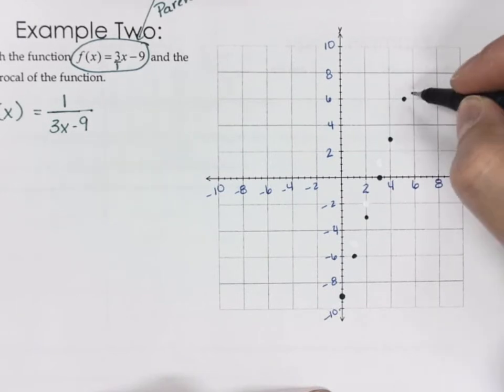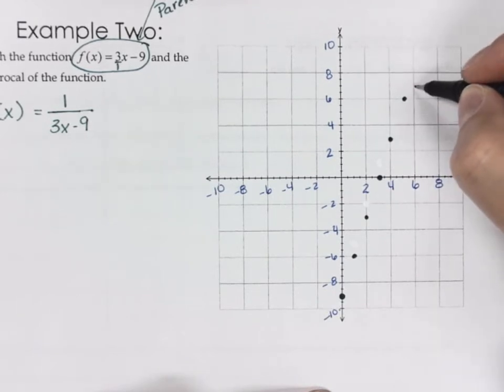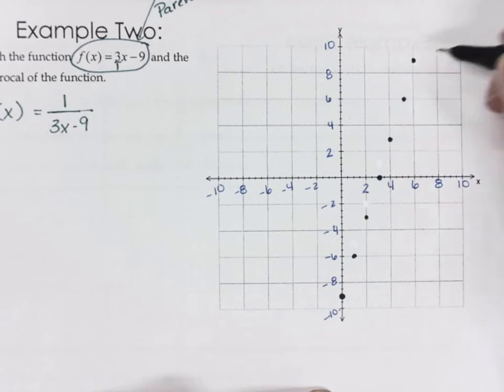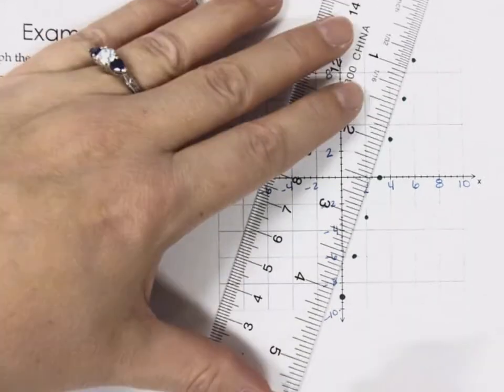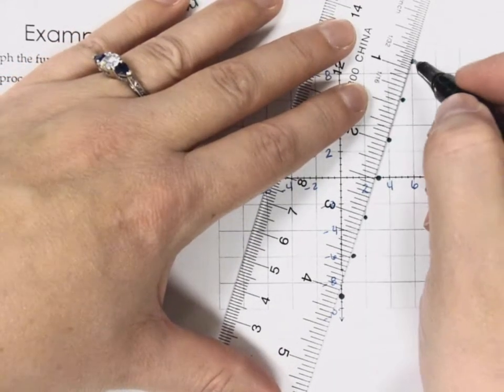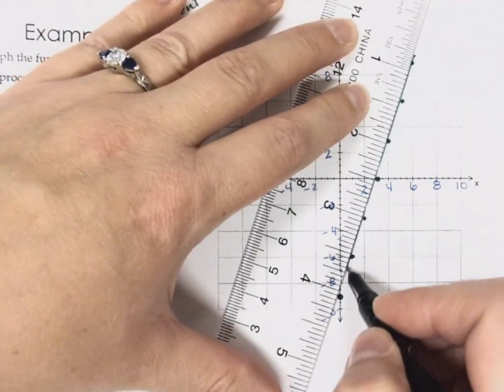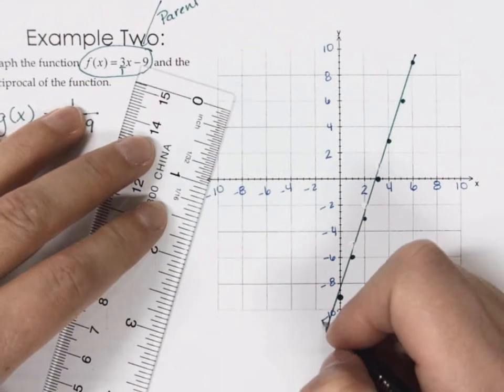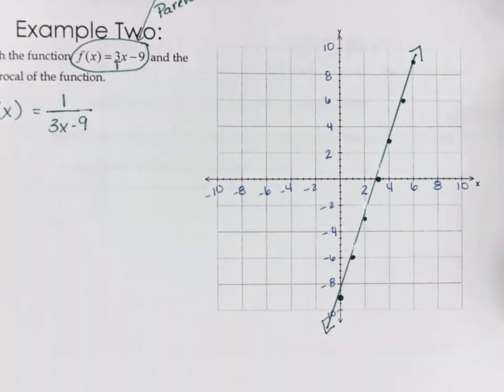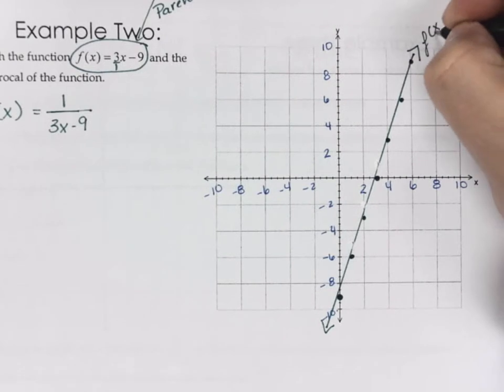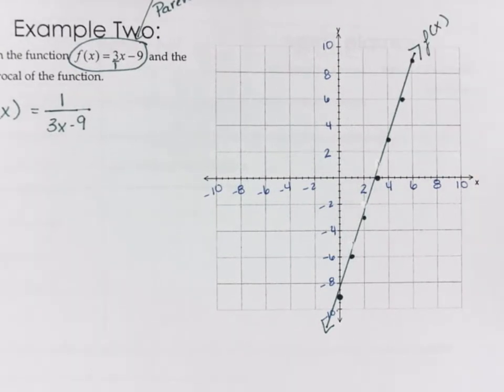You guys are like, Skyline, this is a lot of points. You know, I just feel like I want to connect them all. Okay, so this is one graph that you have to graph. So I'm going to connect them with a nice straight line. What else do I have to do if I'm getting marks for this? Label the graph for sure. So this one is the f of x graph.